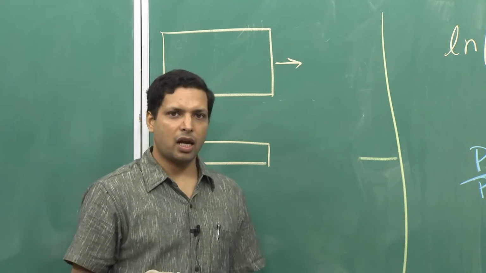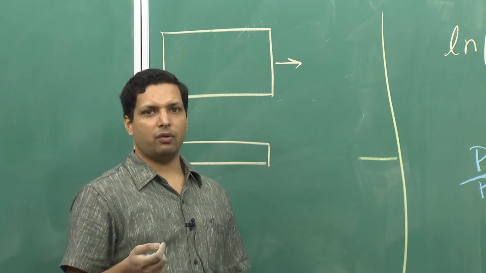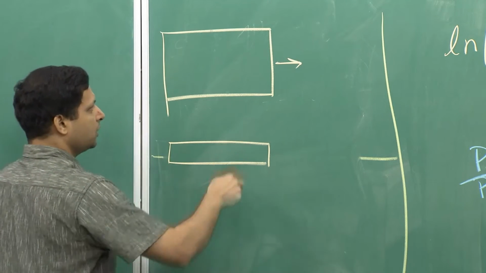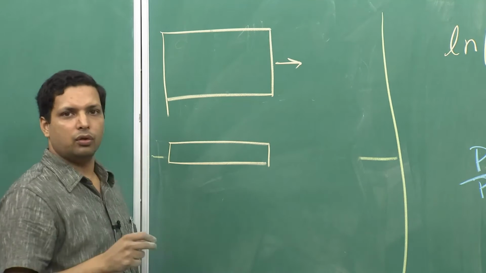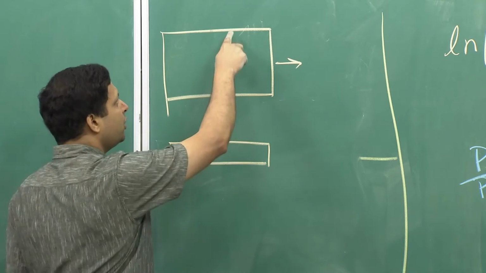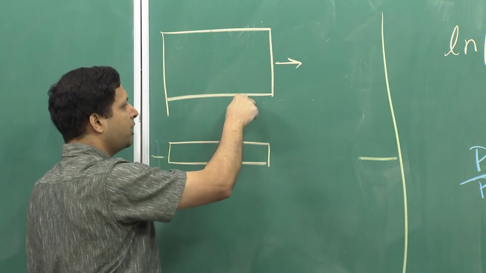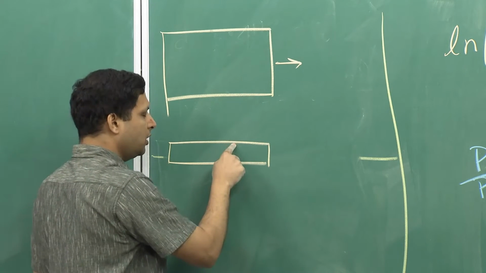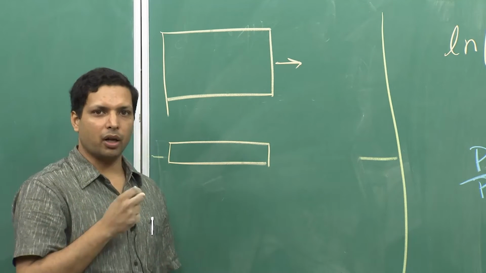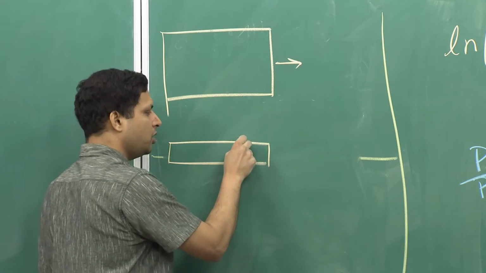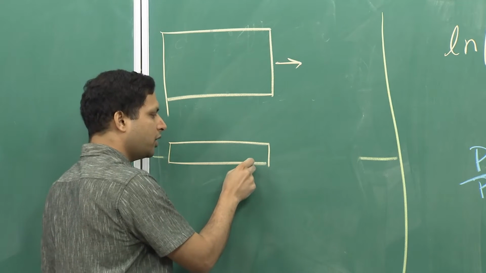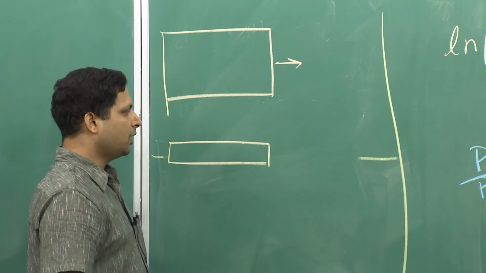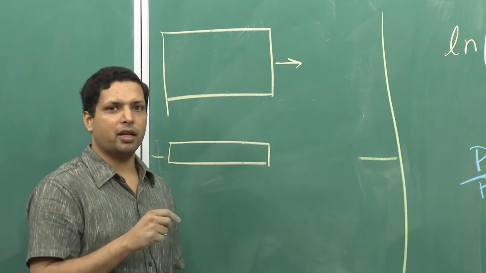And what does that imply? When the pressure drop is very large, it means that the density would also change accordingly. So, here you will get higher density and it will keep decreasing, and you will get much lower density in the lower region. But here the difference would be much smaller. Here the density will not be much smaller than the density that you get over there, and that has an implication in the shrinkage during sintering.